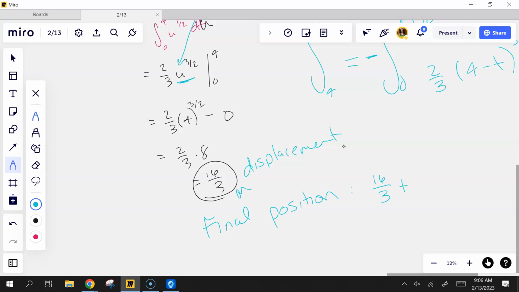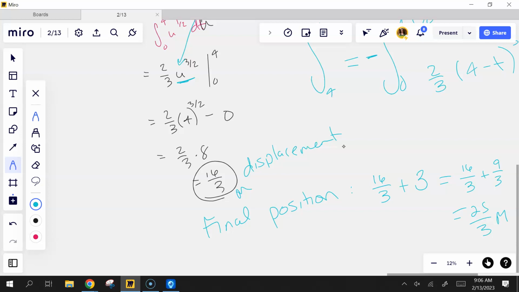What was that initial position? Yes, in the beginning of the problem.